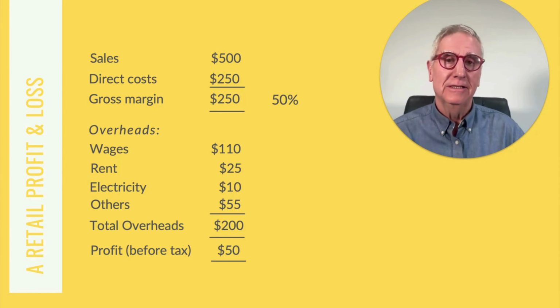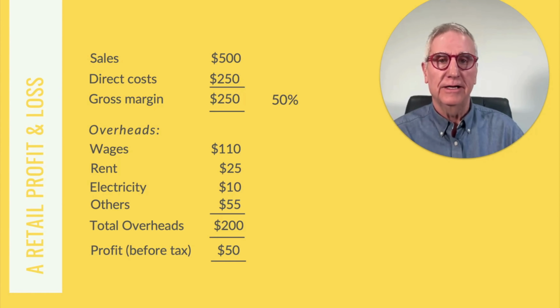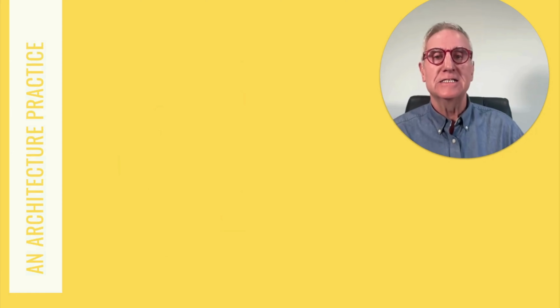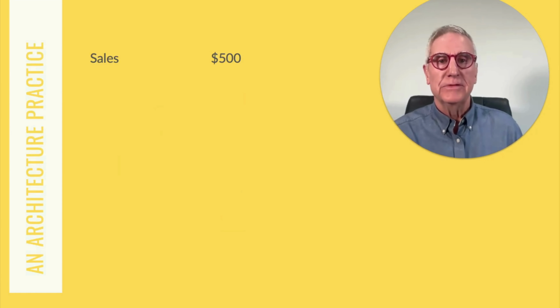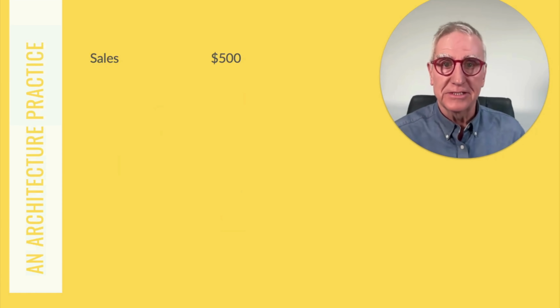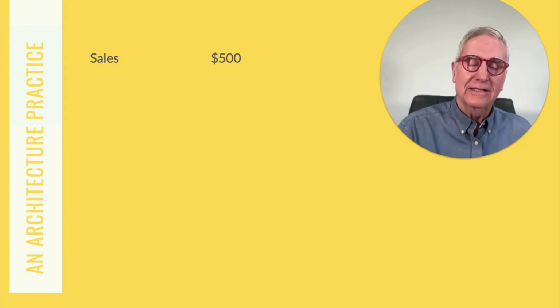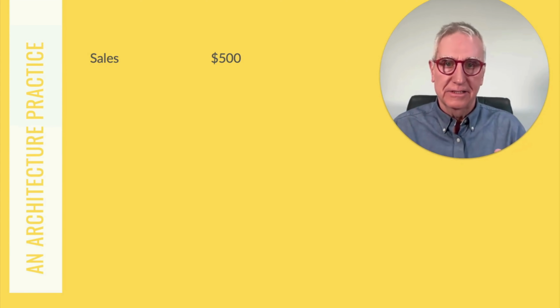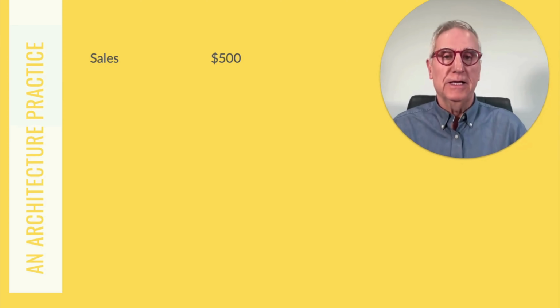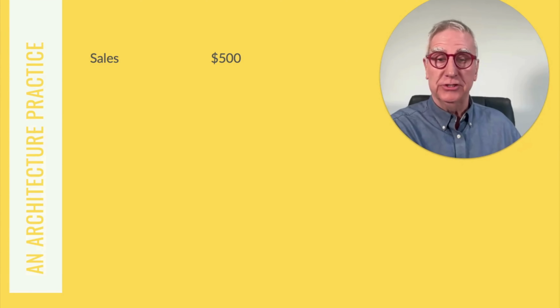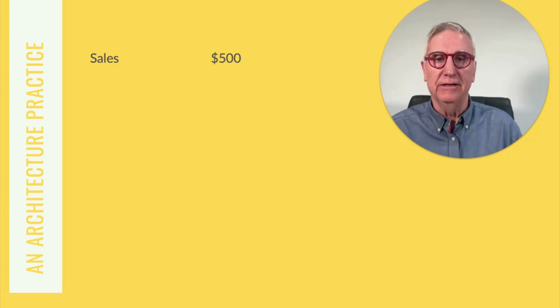So let's look at profit and loss in the context of an architecture practice, which tends to be a little bit different. So we have sales of 500, still the same, but at the whole of practice level, we wouldn't normally be speaking about margin. We would speak about margin in the project context, and we will come back to that in the future.